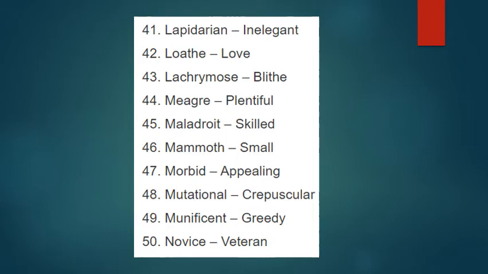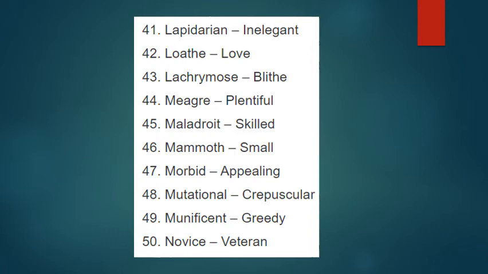Meager, a meager amount, very inadequate, scanty; the opposite is plentiful, abundant. Maladroit, unskillful. Adroit, skillful, skilled; and maladroit, unskilled, incompetent. Mammoth, huge, very large; small will be the opposite word.